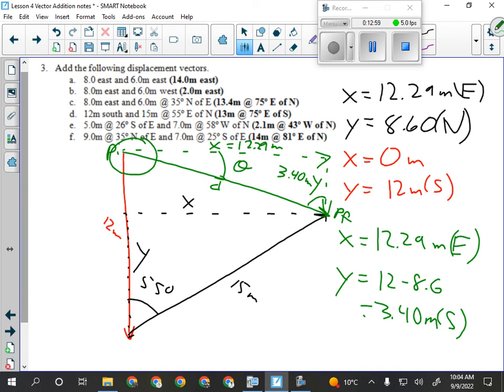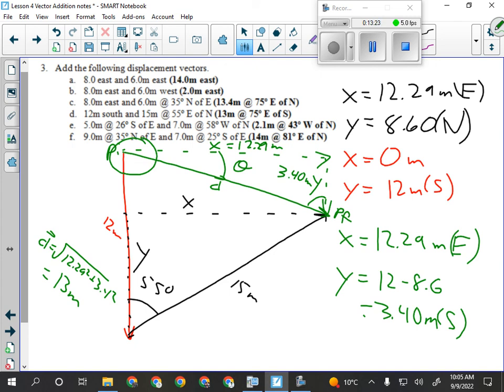So now that I've got that, I can find my overall displacement with Pythagorean theorem, same as we always do. So 12.29 squared plus 3.4 squared, and that's going to give me my 13 meters. Then I'm going to find my angle here, which will be the 15-degree one, not the 75, because I drew it above.